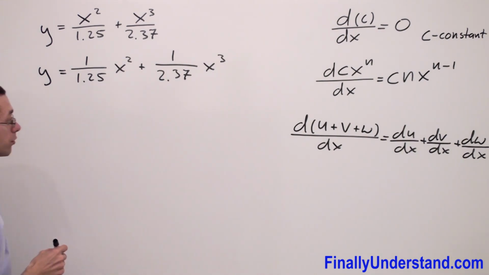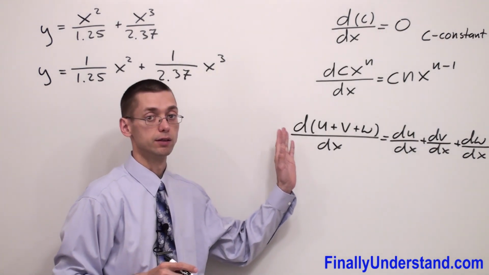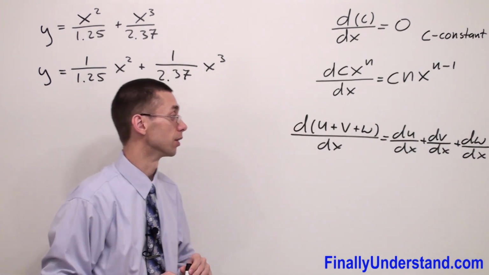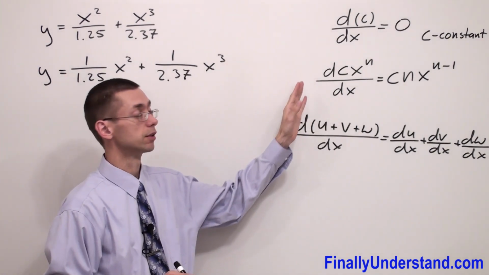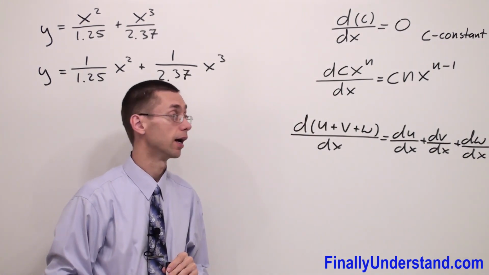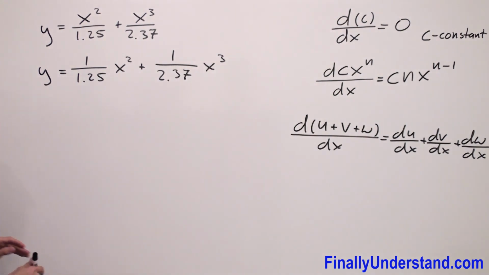Next, we are going to use the formula for the derivative of a sum, and later we are going to use the formula for the derivative of a constant times the power of x.